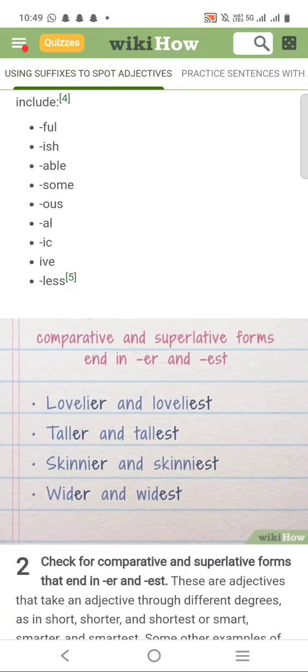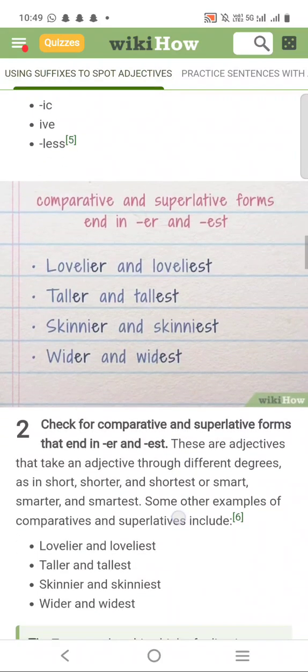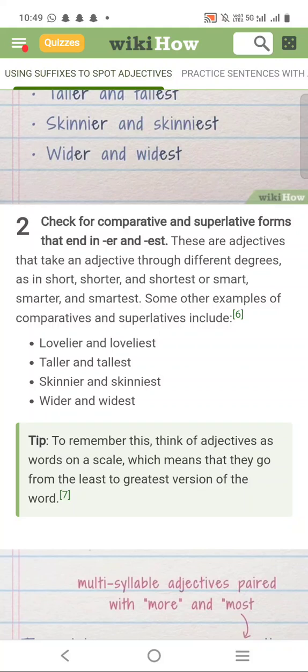less. Comparative and superlative forms in er and est: lovelier and loveliest, taller and tallest, skinnier and skinniest, wilder and weirdest. Check for comparative and superlative forms that end in er and est.